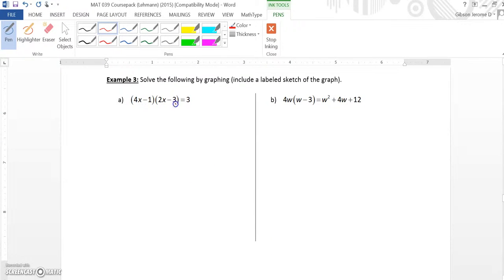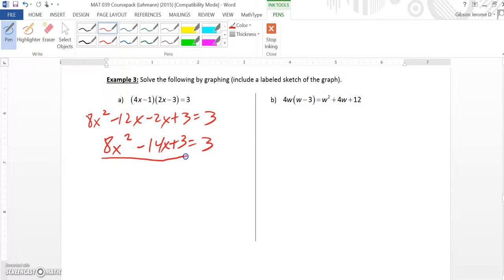And what you would do is first we will multiply these values here. This will give us 8x squared minus 12x minus 2x plus 3, that equals 3. So this would be 8x squared minus 14x plus 3 equals 3. So we will put this in our graphing calculator. This would be y1, and 3 would be y2.